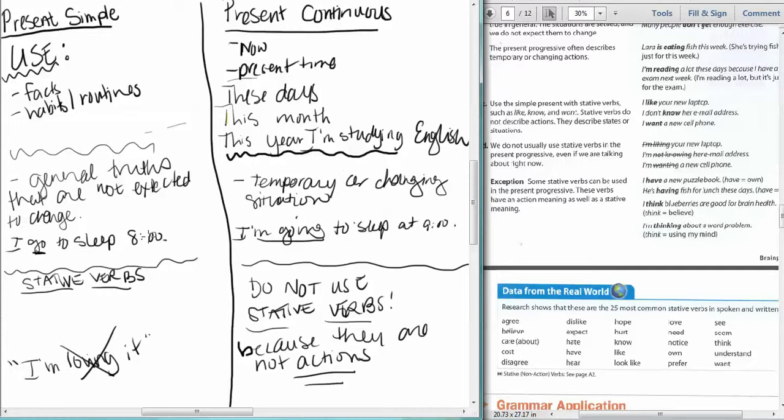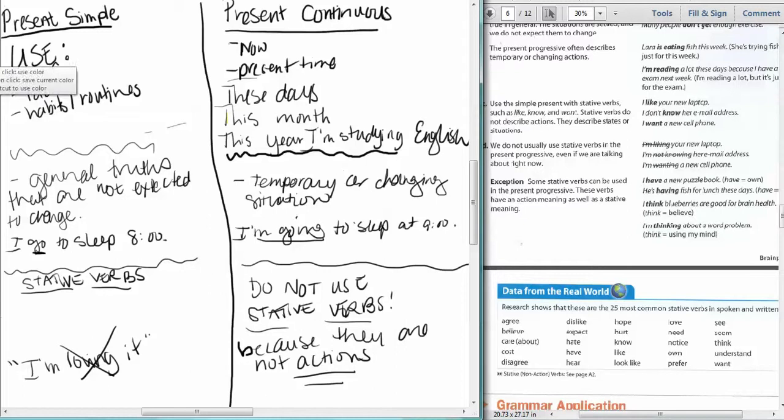So again, present simple is used for facts, habits, routines, versus the present continuous over here, where you have things that are now or in the present time, these days, this month, this year. I'm studying English. And then over here, on the present simple are general truths that are not expected to change.